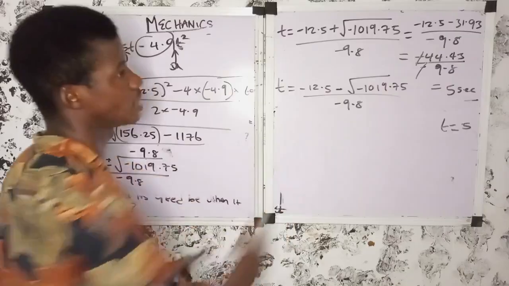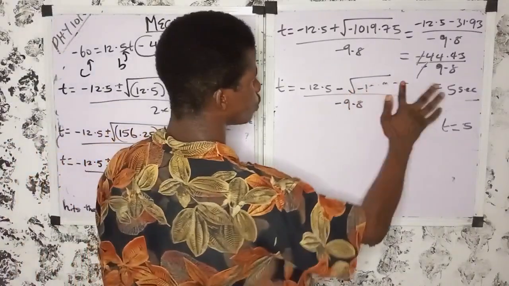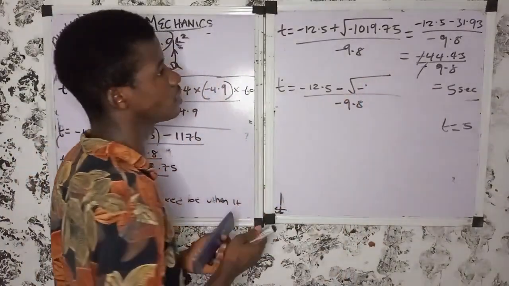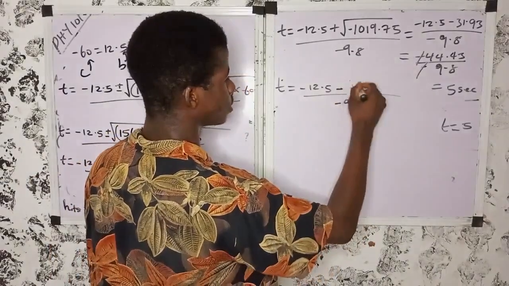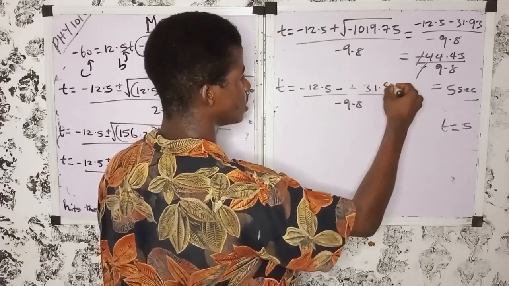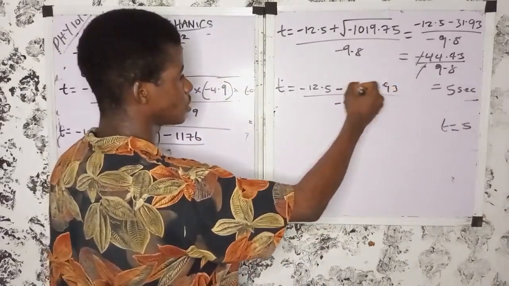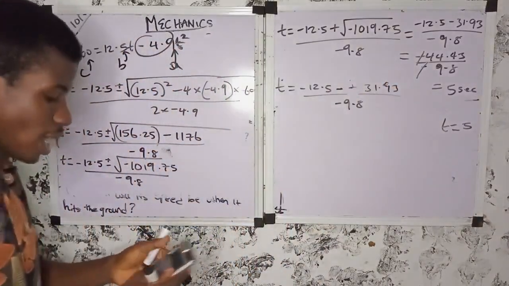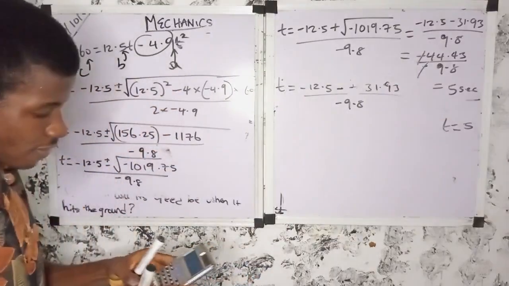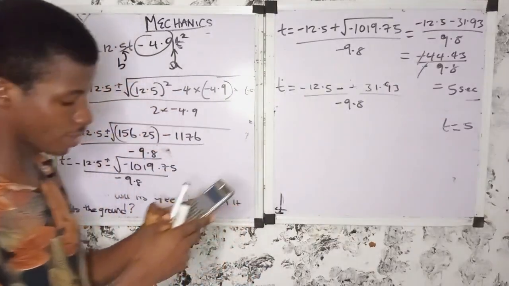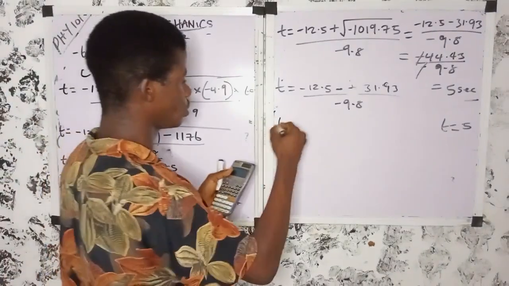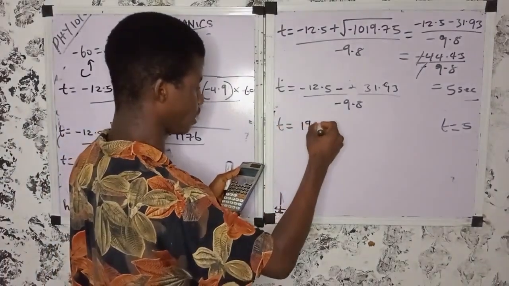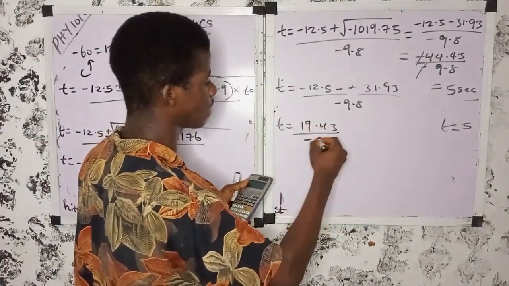If we take the square root of this part, we arrive with 31.93. These are under minus. So let's add everything: minus 12.5 minus 31.93 gives us minus 19.43, then divided by minus 9.8.